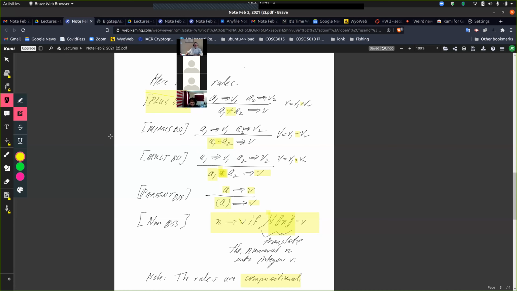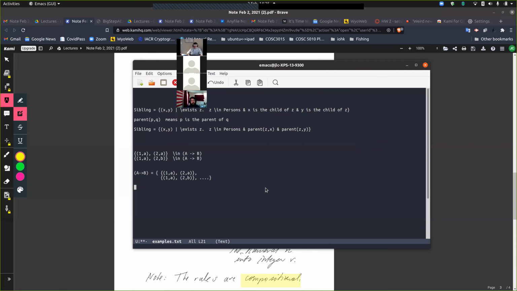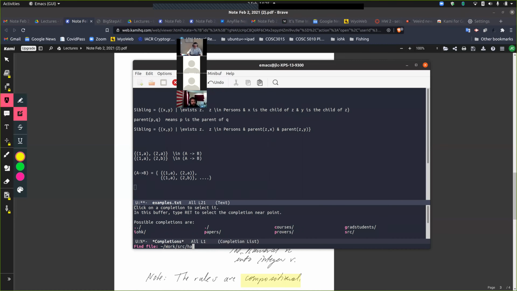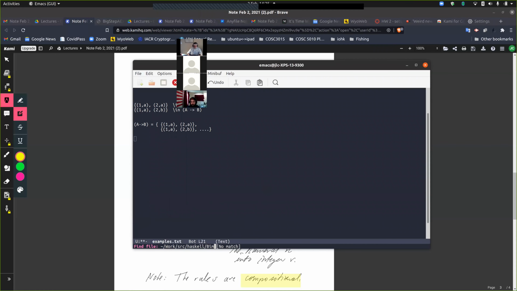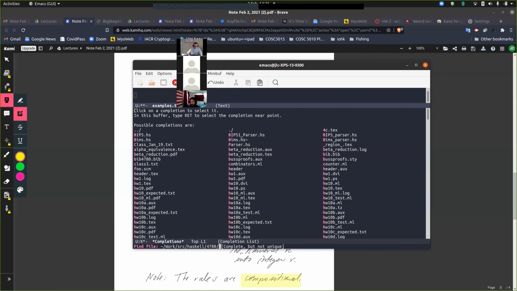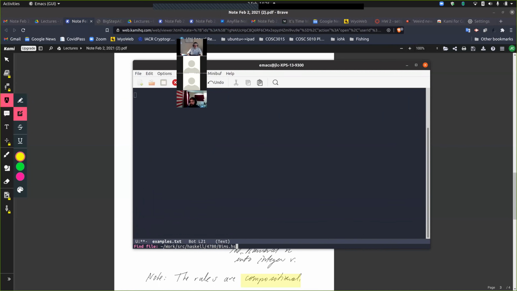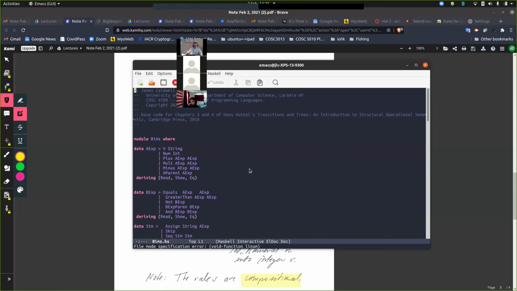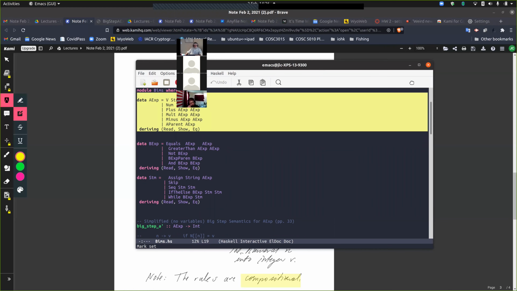I think I can make it more clear by going and looking at, let's see, the first problem is I have to find the file. I think last time we looked at some code like this, where this is a representation.